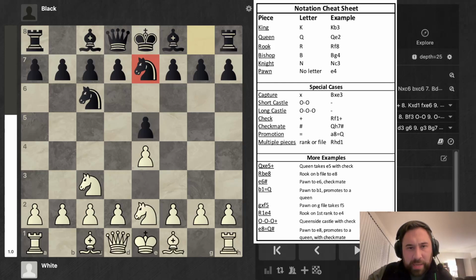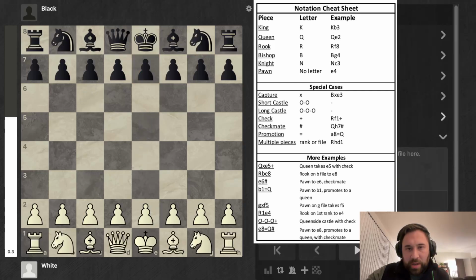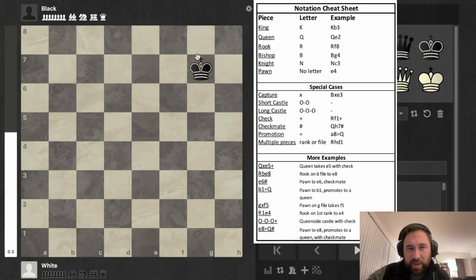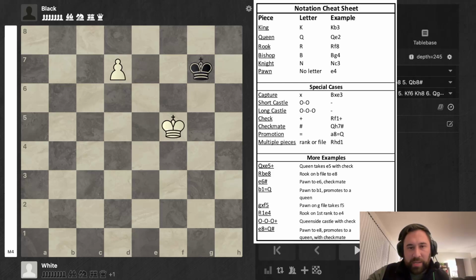Oh, and I just realized, I'm sorry, I forgot one of the other key special cases, and that was promotion. So as you guys know, when a pawn gets to the other side of the board, sorry, we're going to backtrack for a second. Let's say we've got a king here, and a king here, and a pawn here, and it's white to move.